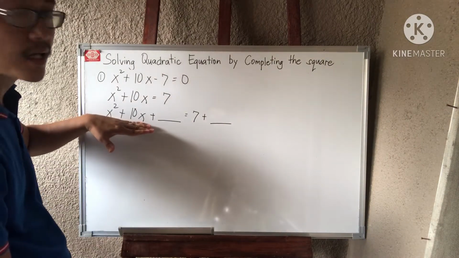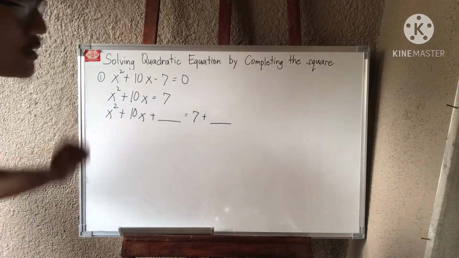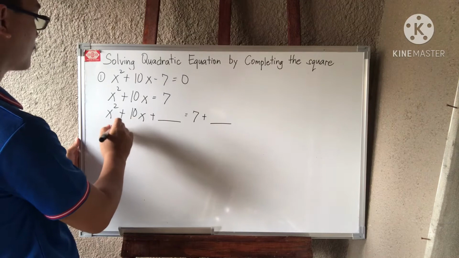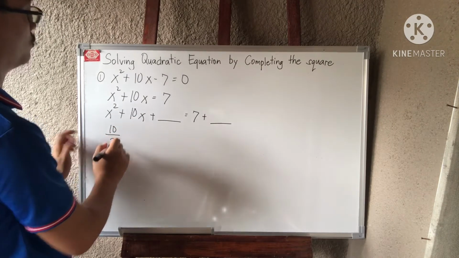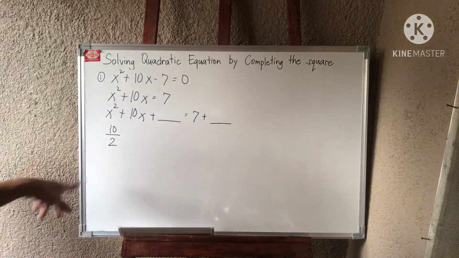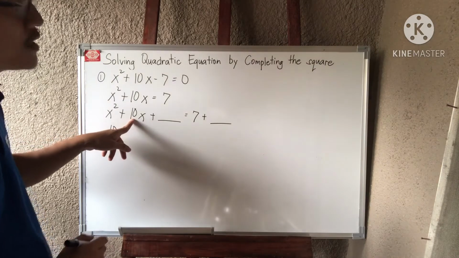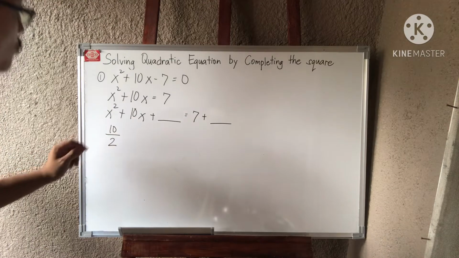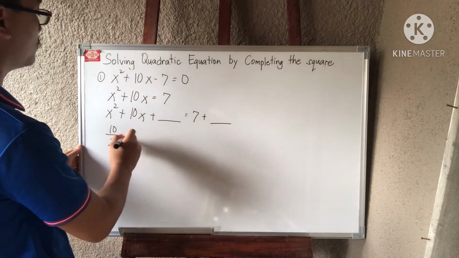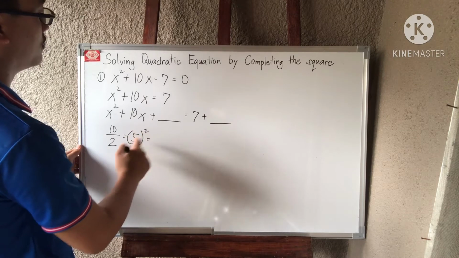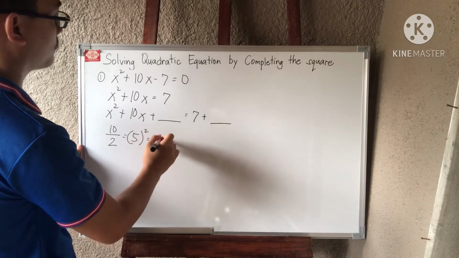Titingin tayo dun sa gitna, which is yung 10. Ang gagawin natin dun sa 10 is divide natin by 2. Okay, so, the first process is i-divide the linear term or yung b term by 2. So, 10 divided by 2 is 5. Then, you're going to square it. 5 squared is 25.